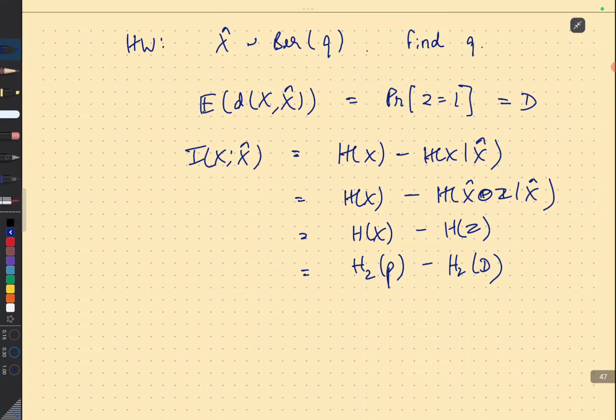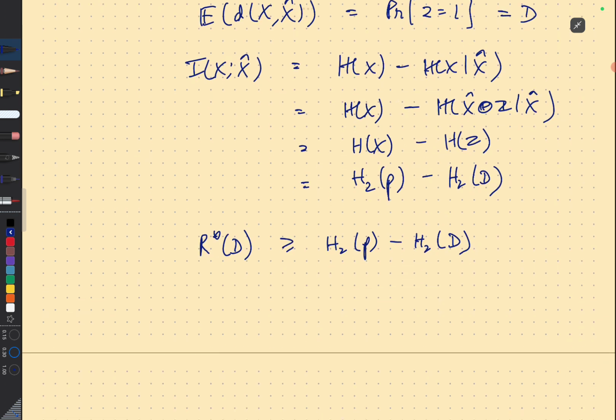So for this we chose one particular distribution, one particular p(x hat given x), and showed that the mutual information is equal to H2(p) minus H2(d), which means that R star of d is less than or equal to H2(p) minus H2(d), because the rate distortion function is obtained by minimizing over all possible conditional distributions p(x hat given x).